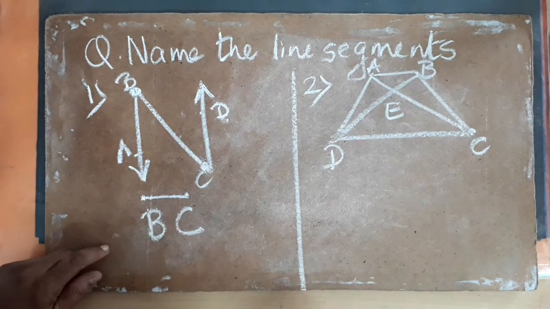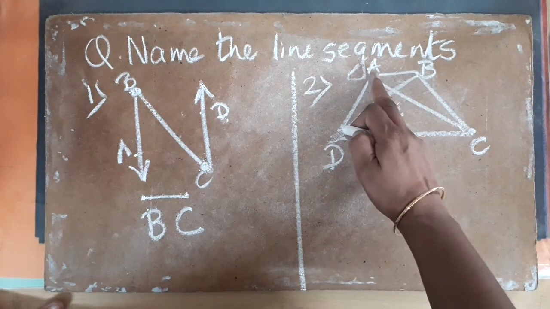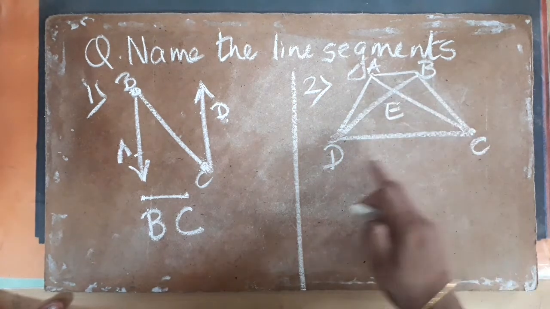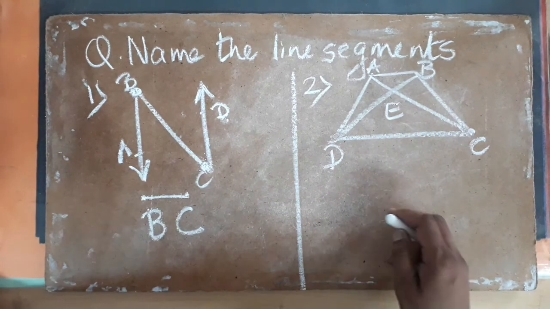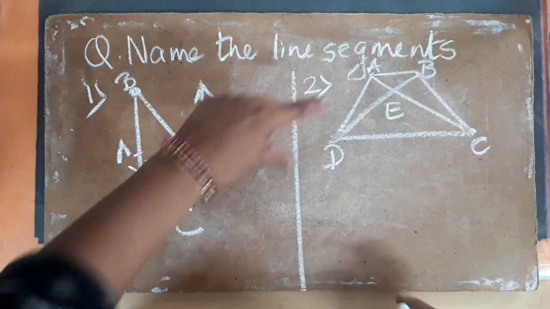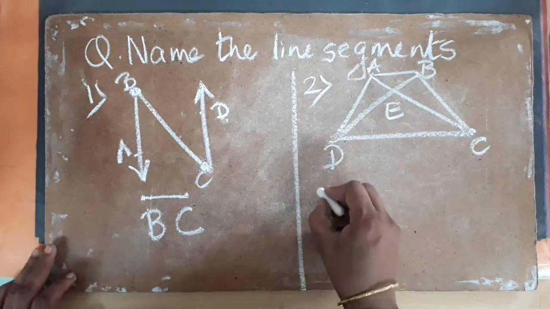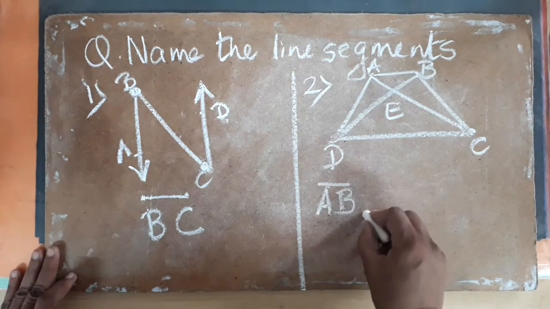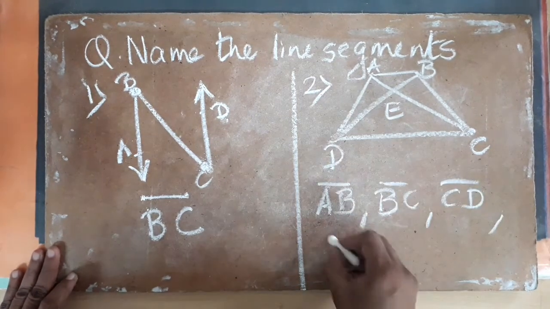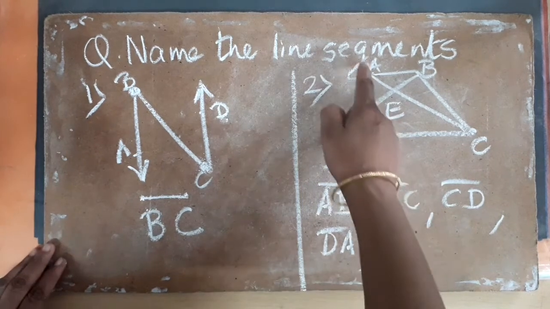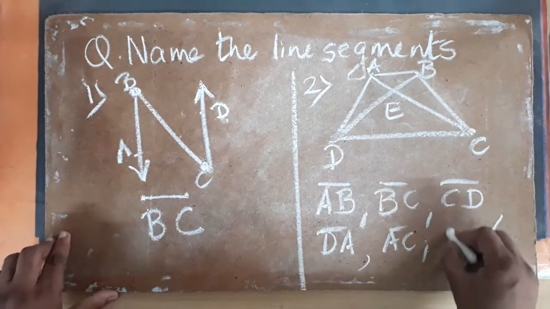Write it symbolically properly. Now if we talk about this figure, you can see the labeling A, B, C, D and the point of intersection is E. Here if you are asked to write the line segments, you can write all these four sides of the quadrilateral: line segment AB, line segment BC, line segment CD, line segment DA. You can also write line segment AC and line segment BD.